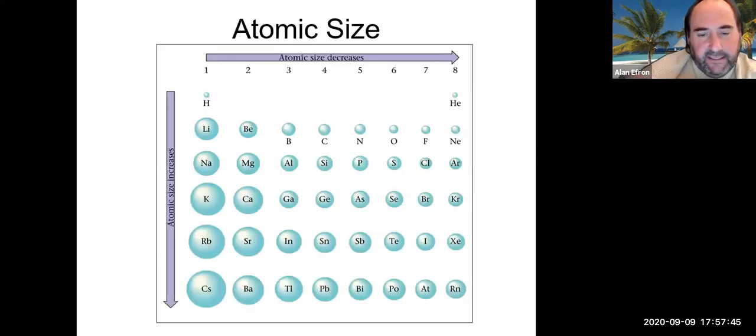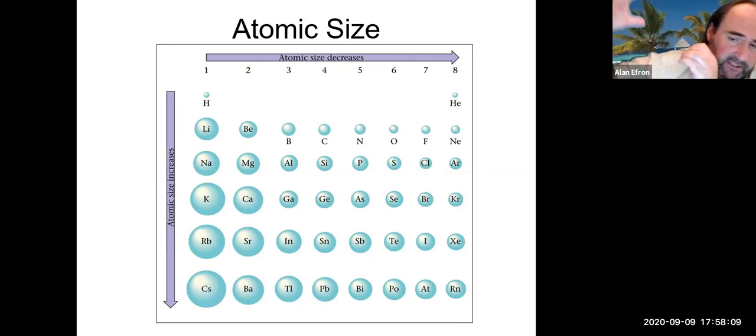And this also makes sense with another trend, which is atomic size. As we go to the right and up on the periodic table, the size of the atom gets smaller. As we go left and down, the size of the atom gets larger. And that's because as we go to the right, we're getting a greater positive charge and not as many electrons.